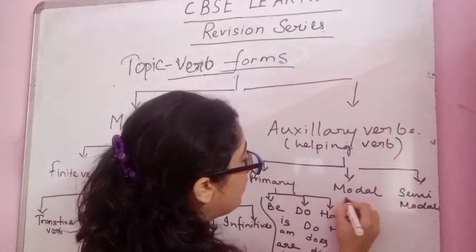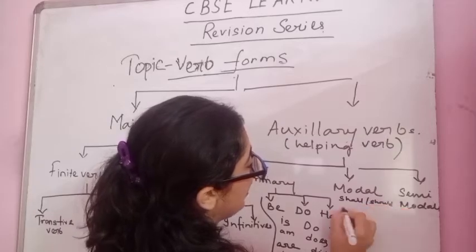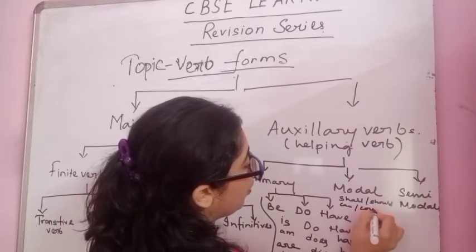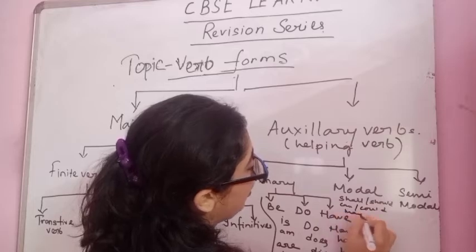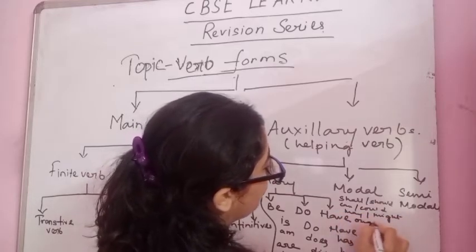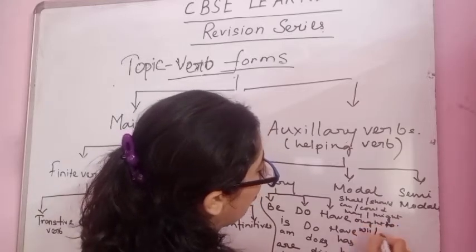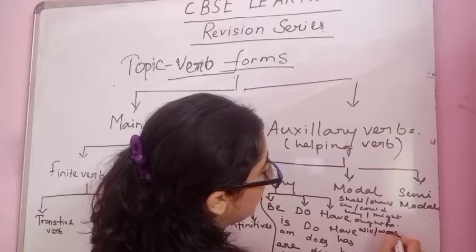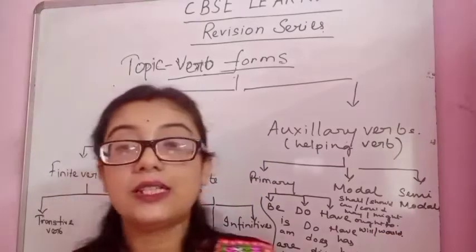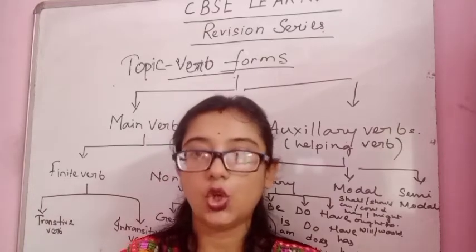So modals are shall, should, can, could, may, might, ought to, will, would. These are all modals. What are semi-modals? Three semi-modals are there: need to, dare to, used to.